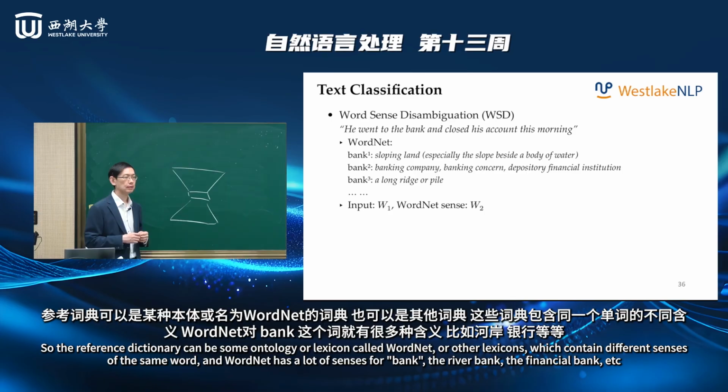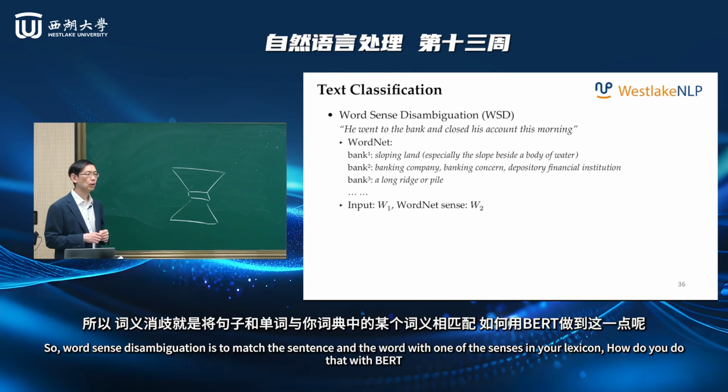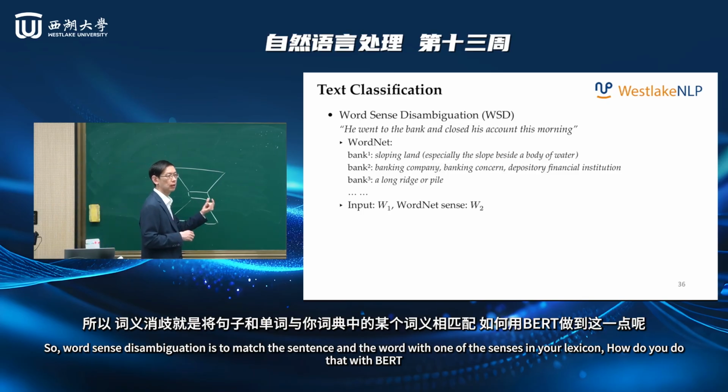The reference dictionary can be some ontology or lexicon called WordNet or other lexicons, which contains different senses of the same word. And WordNet has a lot of senses for bank, the river bank, the financial bank, etc. So word sense disambiguation is to match the sentence and the word with one of the senses in your lexicon.